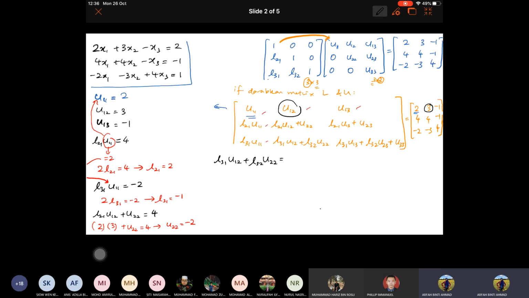So yang ini sama dengan berapa? Compare belah kanan. -3. Sama dengan -3. Okay. So tengok dekat nilai yang awak cari tadi. L31 kita sama dengan -1. U12 sama dengan 3. Tambah dengan L32 tak tahu. U22 is -2. Sama dengan -3. So tengok L32 dapat berapa? L32 dapat berapa?